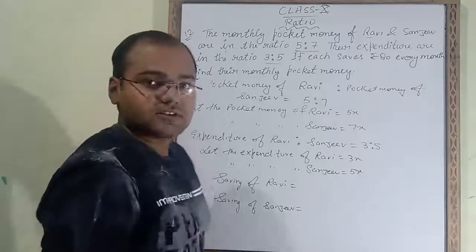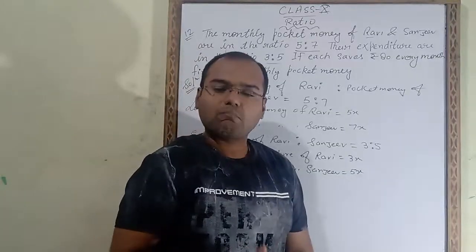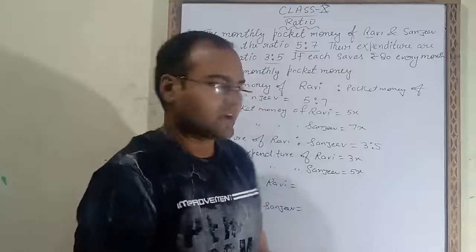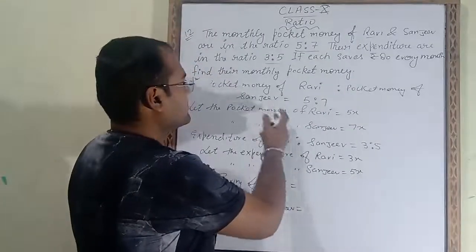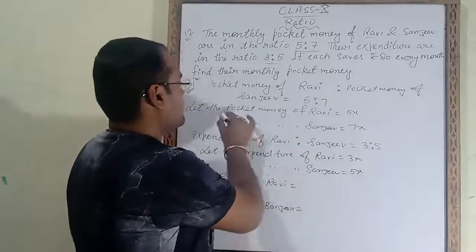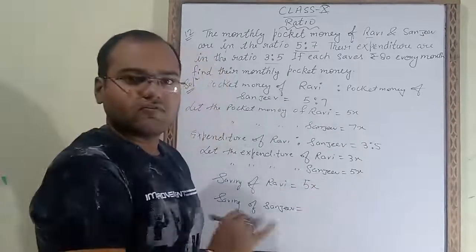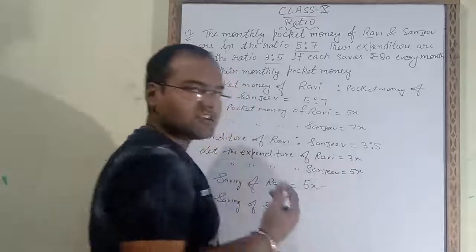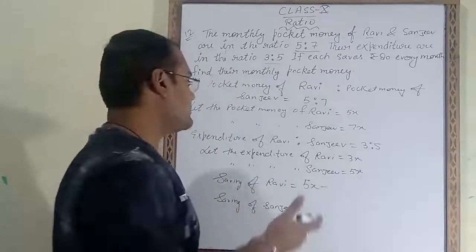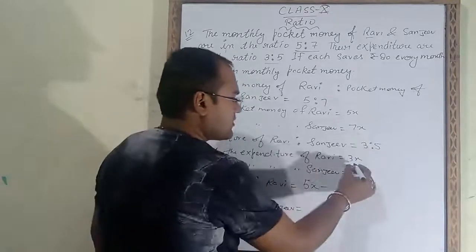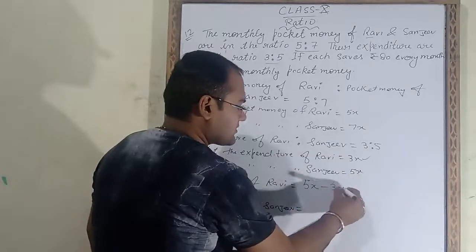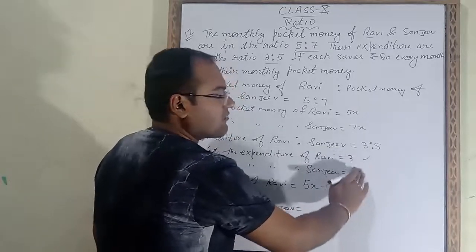So saving means total income minus total expenditure. What is the pocket money of Ravi? Pocket money of Ravi is 5x. Out of this 5x, we will remove the money which he had spent. Spend means expenditure. What is expenditure of Ravi? 3y. So 5x minus 3y.